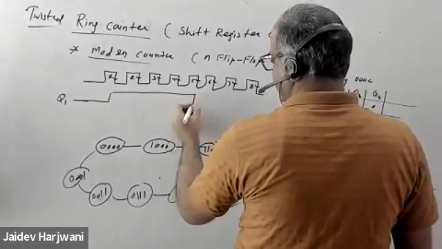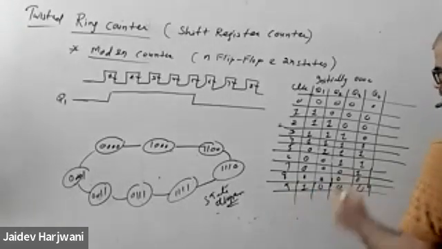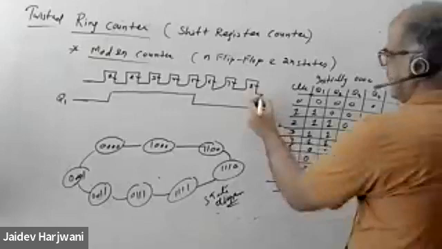So this is your waveform for this one. If you give the ninth pulse, this will transit to 1, and again this will repeat.